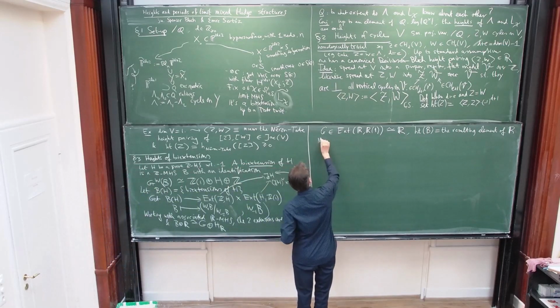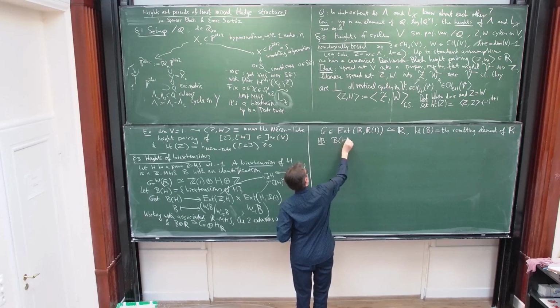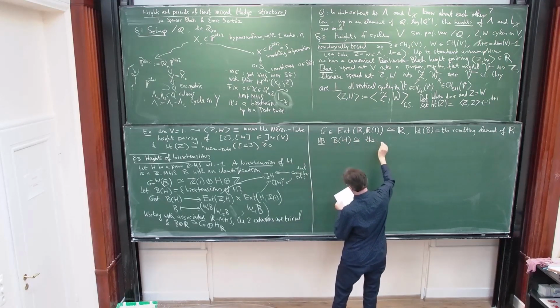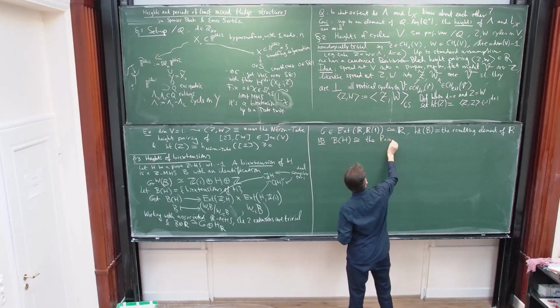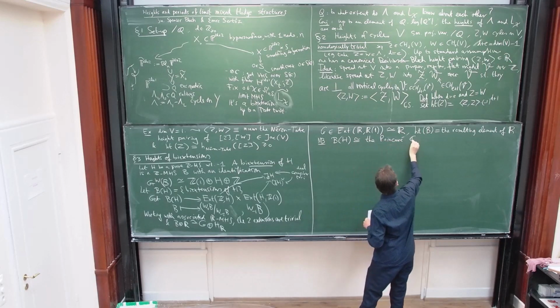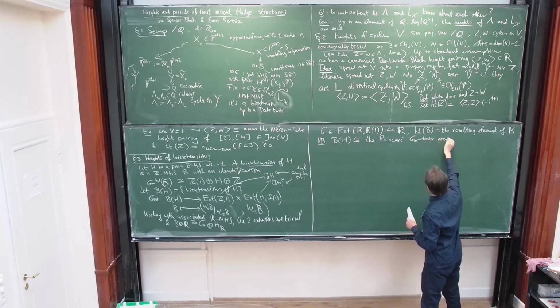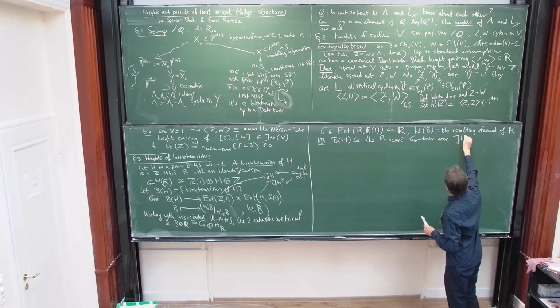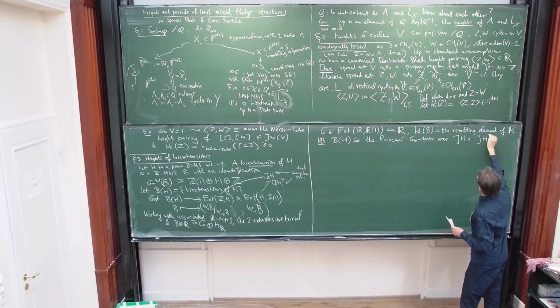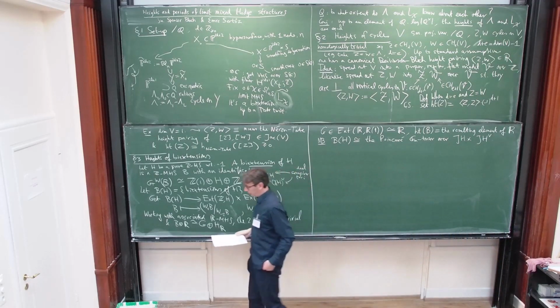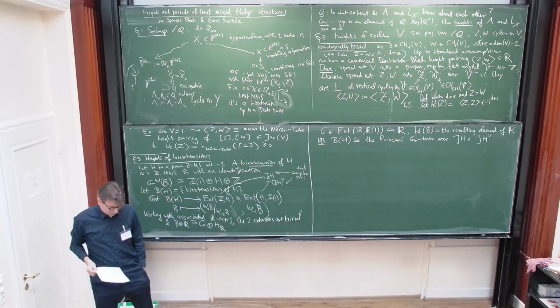So B of H is the Poincare torsor. So it's a G_m torsor over this Jacobian. It's dual, and that is maybe important for intuition later on.